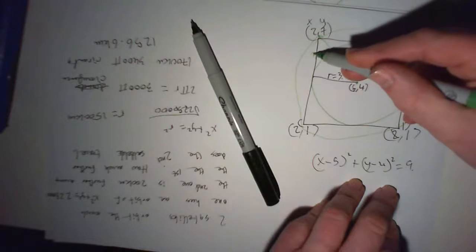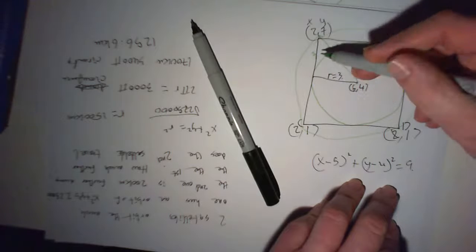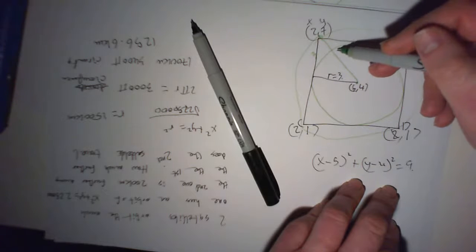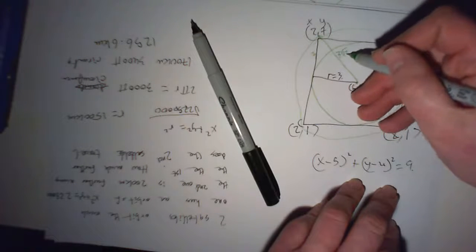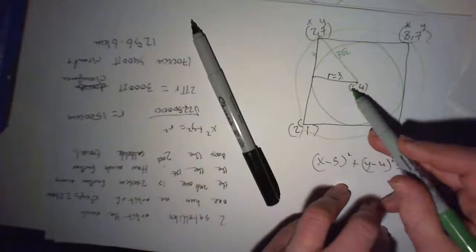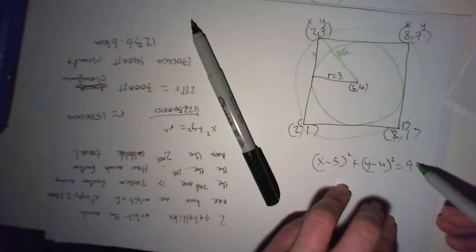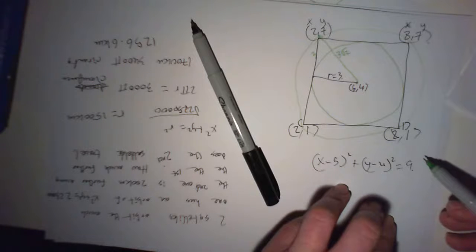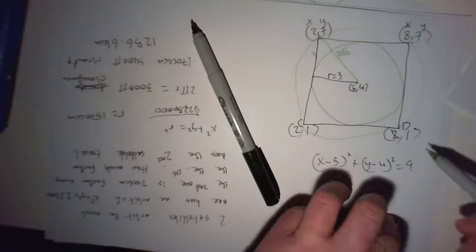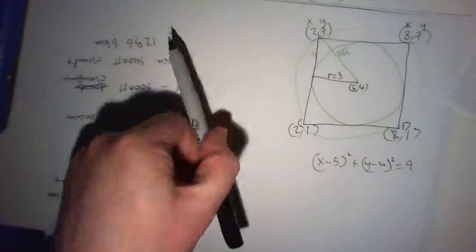It's going to be 3 squared plus 3 squared, that's 9 plus 9 is 18. It's root 18, which is 3 root 2, I think. So it's going to be (x minus 5) squared plus (y minus 3) squared equal to 18, I think. Don't quote me on that one, but I think that's what it is.